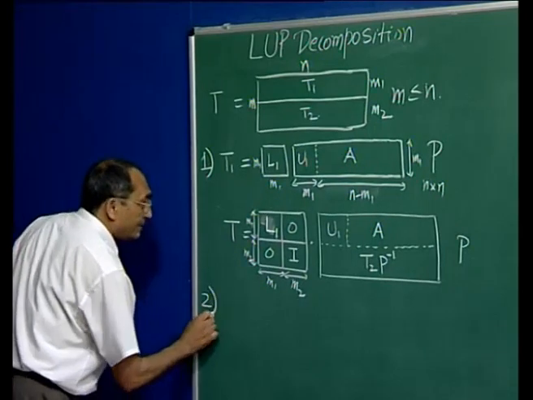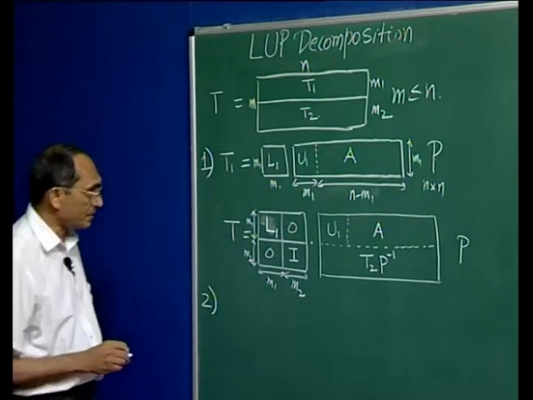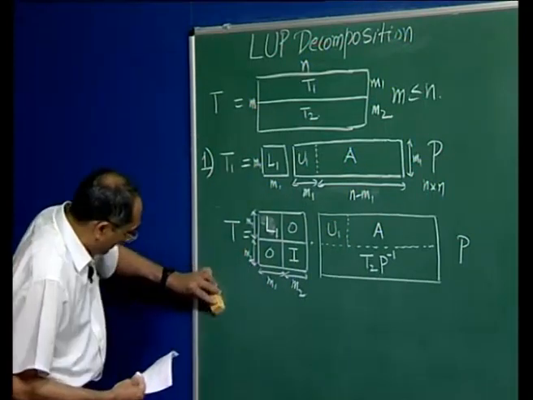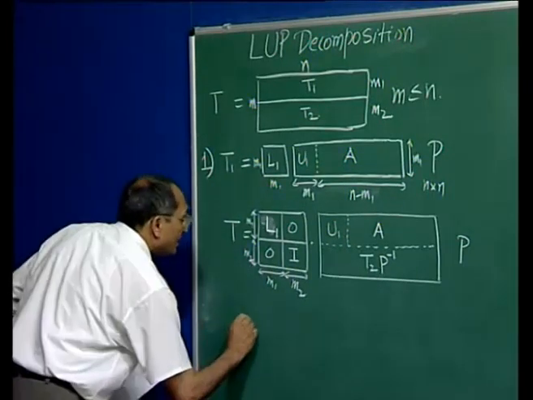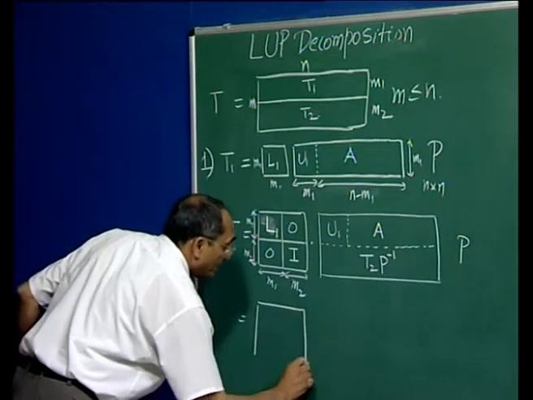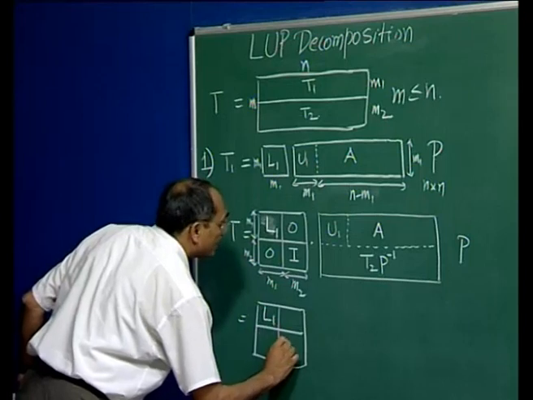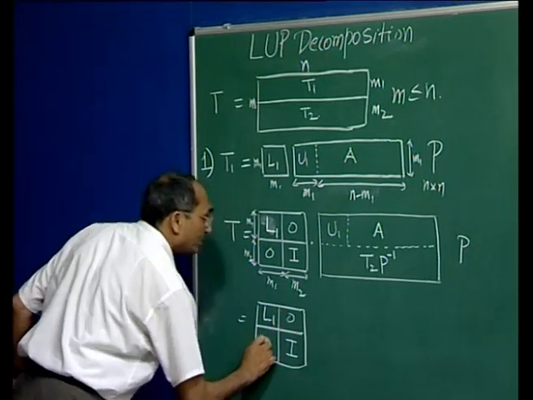So in the next step, maybe we will just relabel this in the following fashion. We will call this T1, 0, 0.